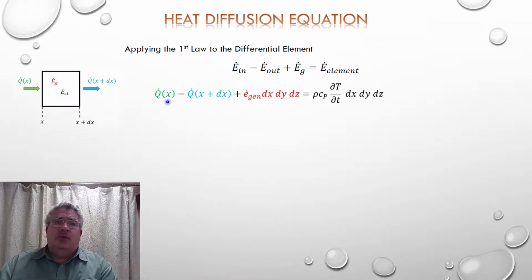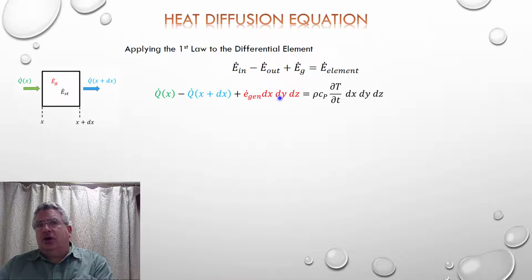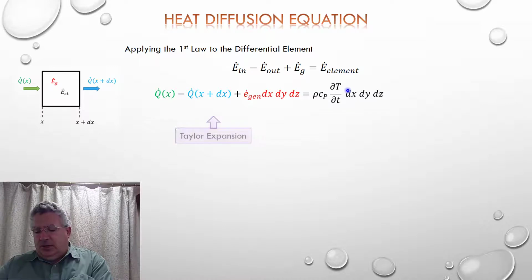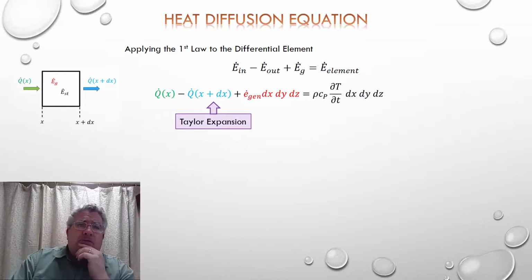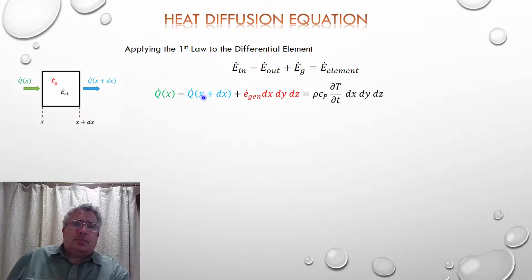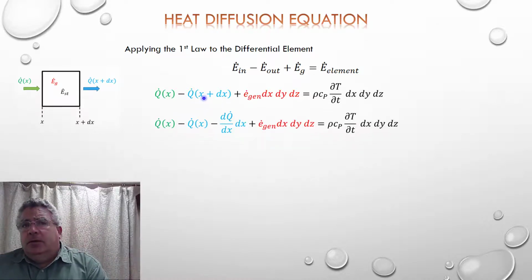So we use our colors: E dot in is Q dot x minus Q dot x plus dx, plus the energy generation term, and all of this is going to equal the rate of change of energy in the element. If we apply the Taylor series expansion to this term, which we've already done, we get this. Now remember, it's a negative sign, so these two terms become negative. And once we do that, these terms cancel out.